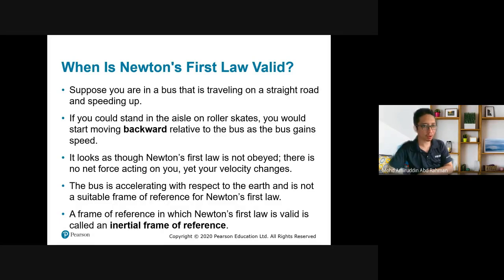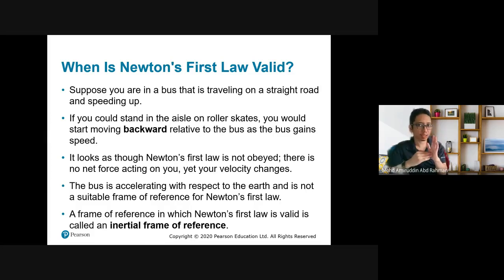There is no net force acting on you, yet your velocity changes. But after you feel the jerking, you are back to the normal condition.